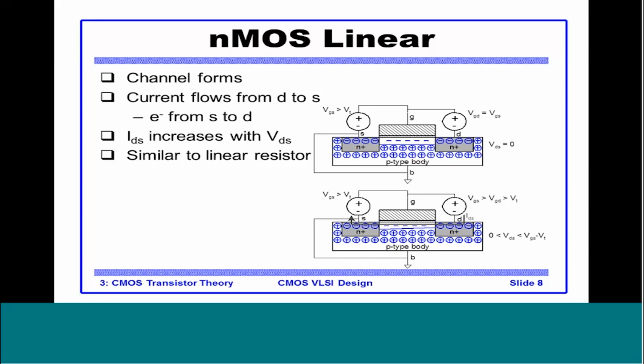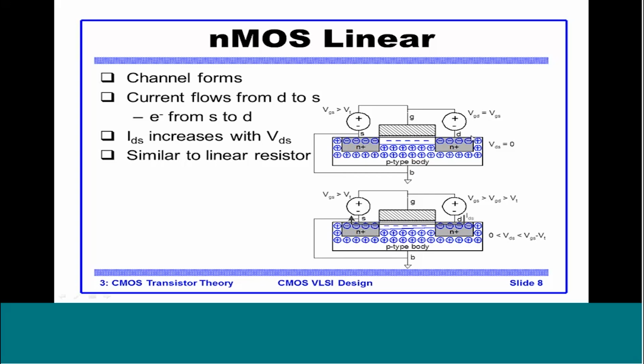Due to the electric field between drain and source and the electric field between gate and source, the electric field between gate and source results in the electrons coming closer to the junction. The electric field between drain and source propels the electrons towards drain, resulting in a current which is called IDS, or current between drain and source.